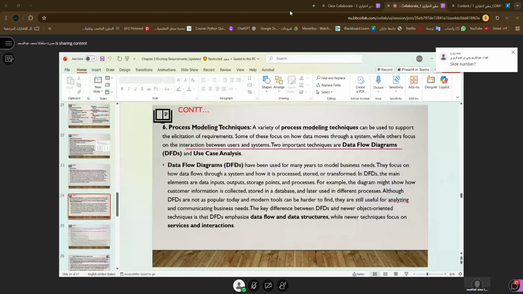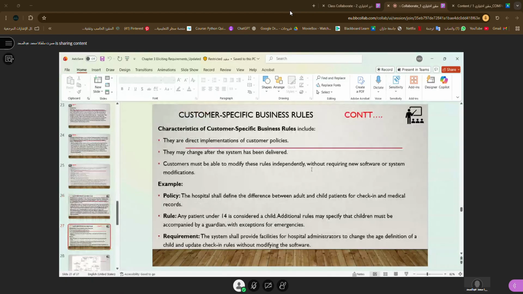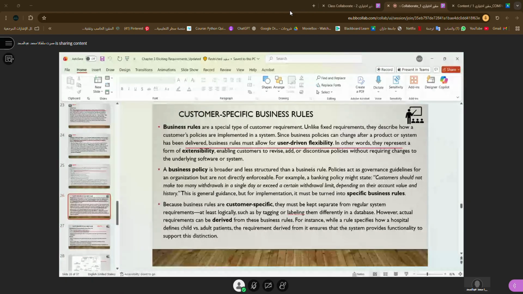Maybe long. Maybe you will be getting this slide like what are the actors, who are the actors, events, maybe multiple choice or some list you will be getting short. Use case analysis. Then next, what is a business rule? Short answer.